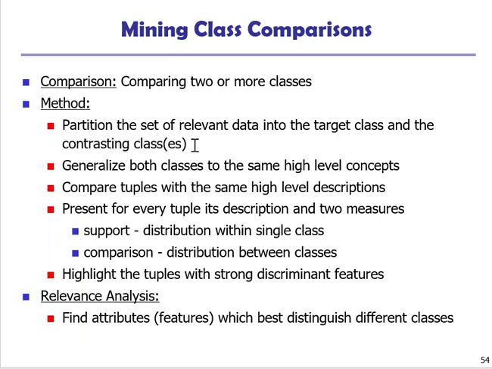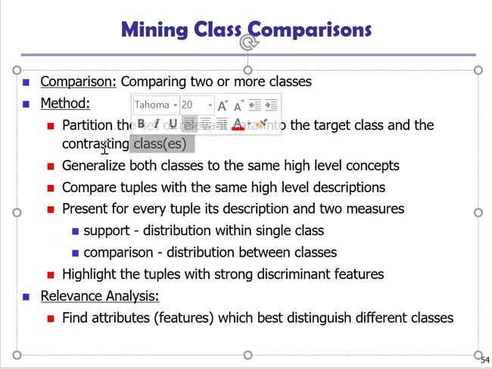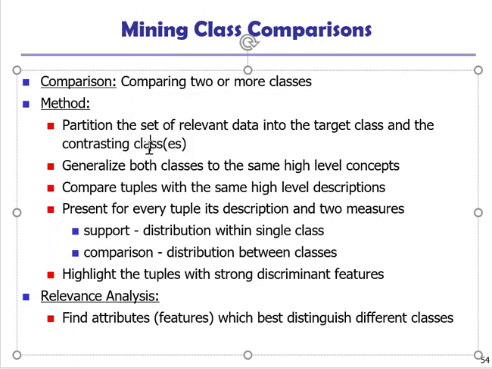When we collect the relevant data, we will partition the data based on the classes. So in this case, if we want to compare graduate students and undergraduate students, we will have one table for graduate students, another table for undergraduate students. Then we will generalize both tables to the same high-level concept.